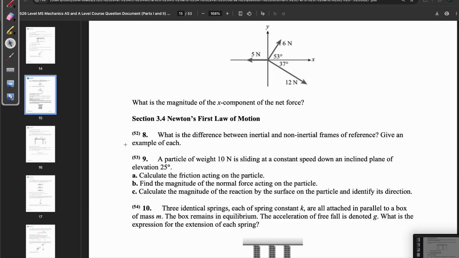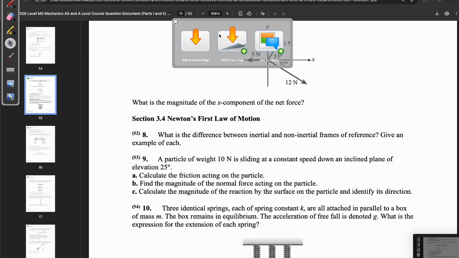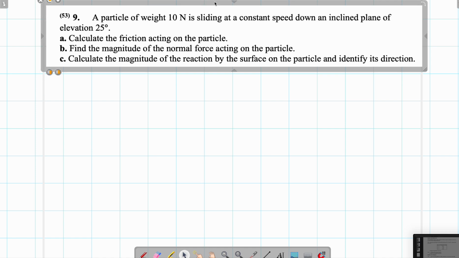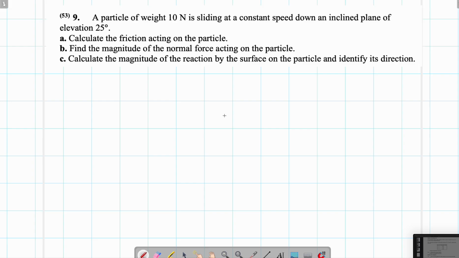Number 9. A particle of weight 10 is sliding at a constant speed down an inclined plane of elevation 25 degrees. Calculate the friction acting on the particle. Find the magnitude of the normal. Calculate the magnitude of the reaction. First, let's start with the free body diagram.